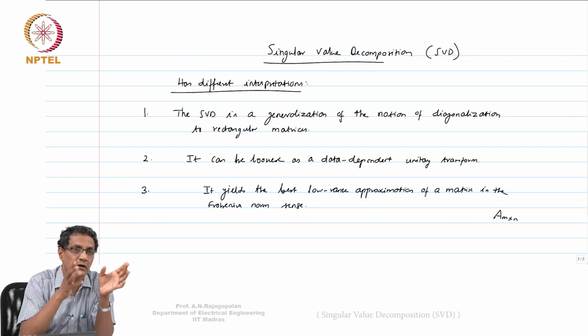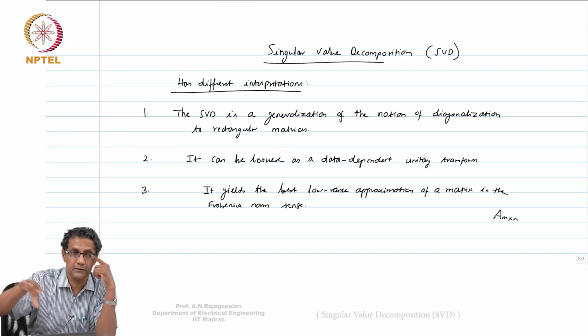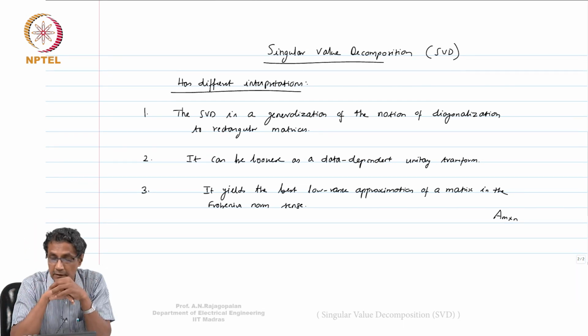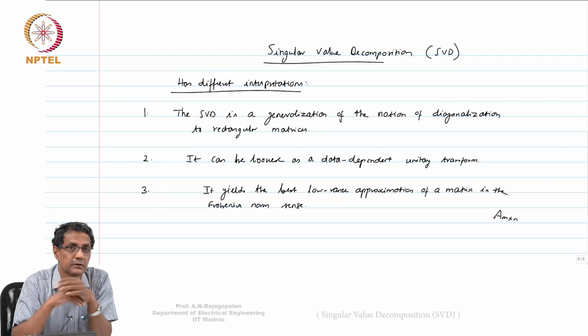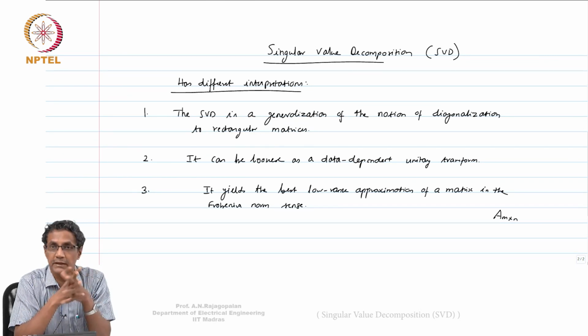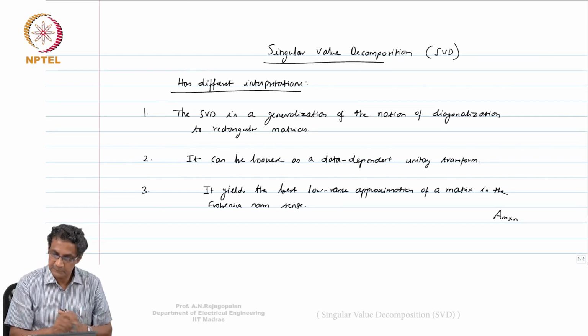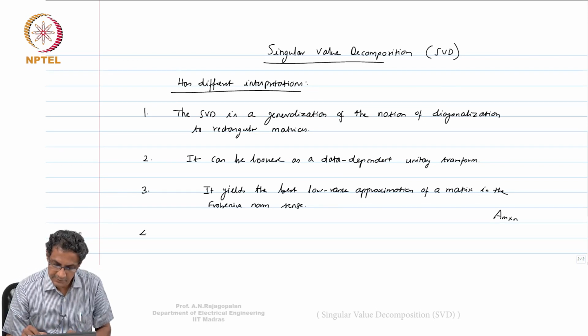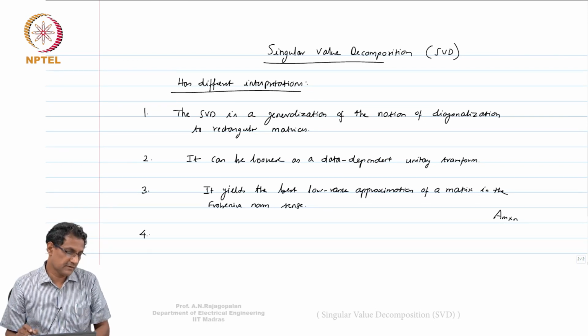That means if you take the norm of A minus A hat, which matrix will that be? You don't have to run around to find out. The SVD will directly give you that matrix. So it can give you the best low rank approximation in the Frobenius sense.